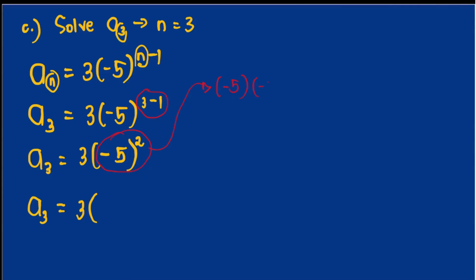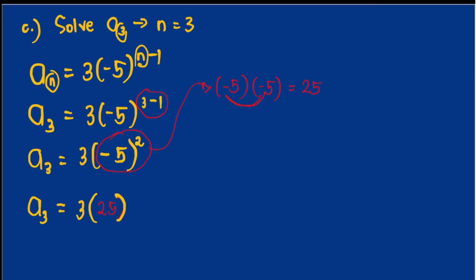So, negative 5 times negative 5. Yun ang ibig sabihin niyan. Okay? So, what's the answer? Negative times negative, the answer is positive. Yan, pag nag-smile yan, di ba? Nag-smile. Then, 5 times 5, that's 25. So, we're going to put 25 here.